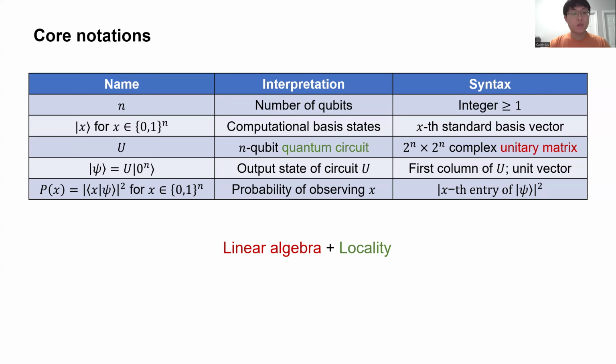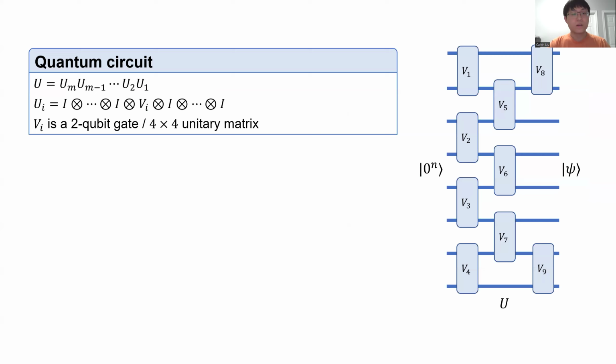But one reason why quantum computing differs from just linear algebra is because we're mostly interested in quantum circuits that possess some crucial locality structures. Here in the circuit diagram, every horizontal line represents one qubit, and each rectangle is a gate that acts on 2 qubits at a time. Mathematically, a quantum circuit U composed of m gates is the product of U_m through U_1, where each U_i is the tensor product of 2 by 2 identity matrices and a 2-qubit gate, or a 4 by 4 unitary matrix V_i.